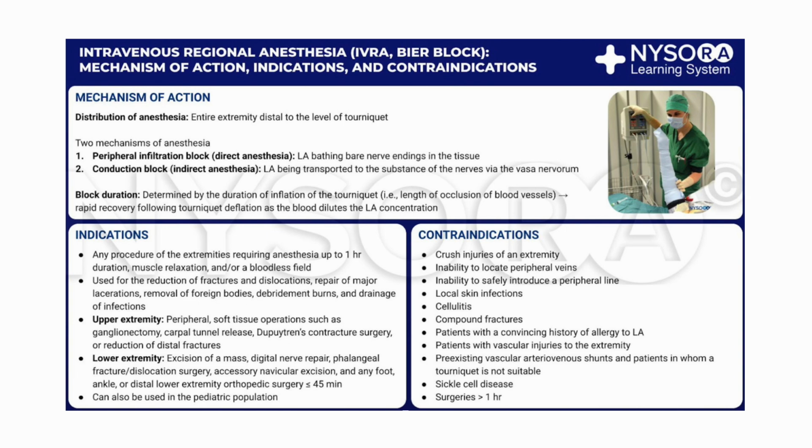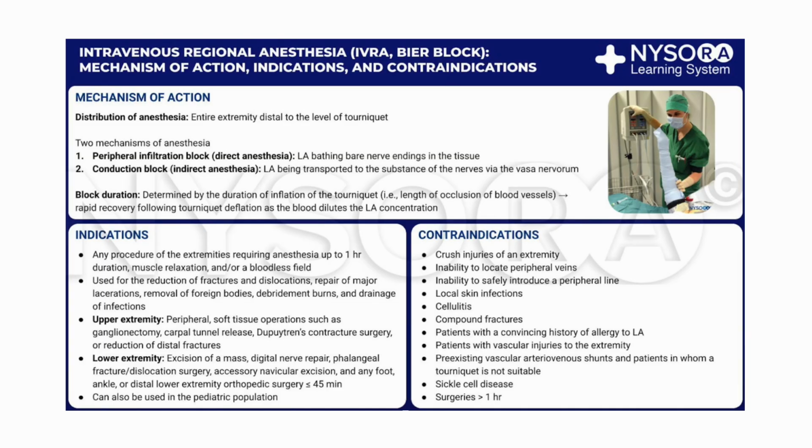Okay, the block duration is determined by the duration of the inflation of the tourniquet, i.e. the length of occlusion of the blood vessels. There is rapid recovery following tourniquet deflation as the blood dilutes the local anesthetic concentration.